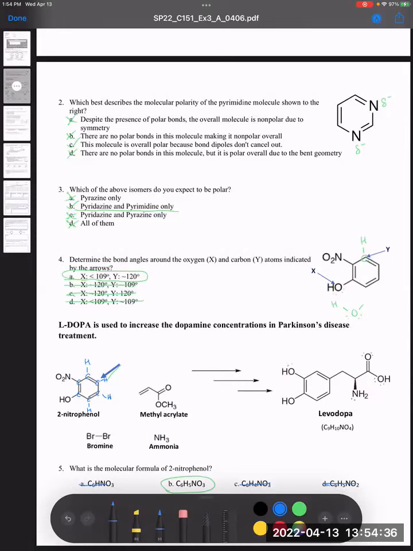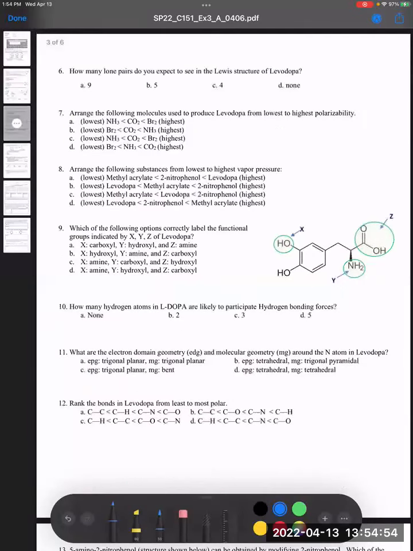Same thing with this oxygen. We need to add 2 lone pairs to fulfill the octet. And same thing here as well. And then we count the number of lone pairs. We have 1, 2, 3, 4, 5, 6, 7, 8, 9 lone pairs in this molecule of levodopa. 9. And therefore, the correct answer is option A.